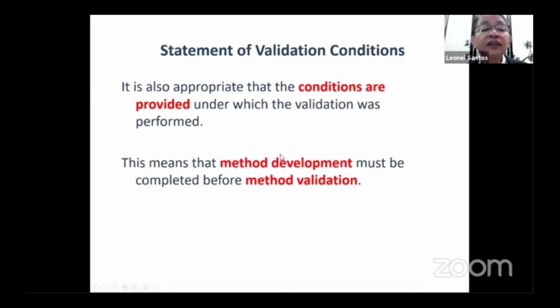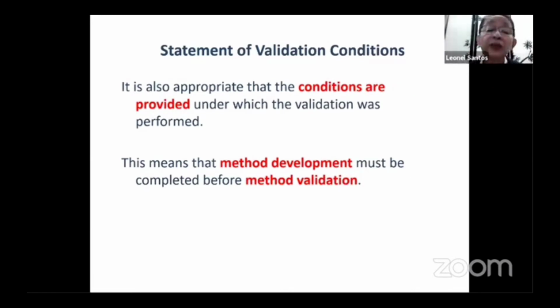Typically, when you do validation, it is assumed that you have already performed method development. Years ago, method development was something that didn't need to be documented. It has become important that method development is a requirement and you need to document all your method development before you do the validation.